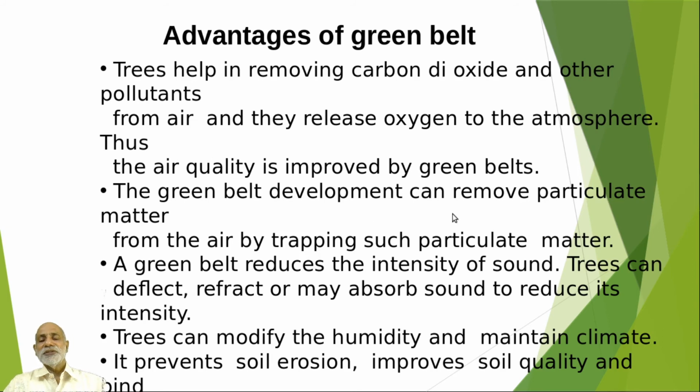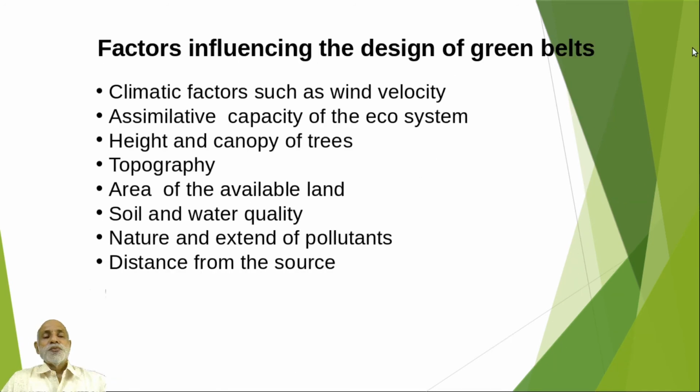Now the green belt can remove particulate matter from the air and reduce noise pollution. They can modify humidity and maintain the climate. The trees prevent soil erosion, improve soil quality, and bind soil particles. Again, the green belts or the trees can prevent the water runoff.